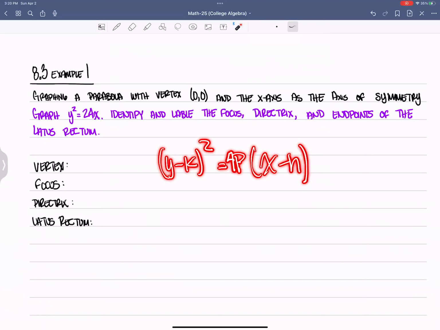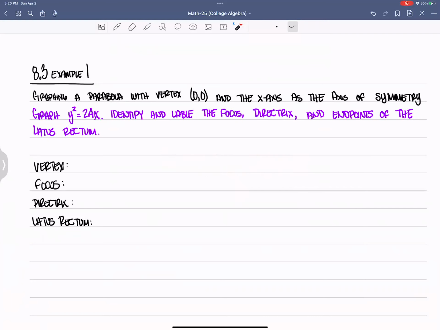So p is what's going to actually help us graph everything. Let's put this all into the proper form so we can just read things off. So y squared is equal to 4p x. So 4 times what will give us 24? 4 times 6. So 6 is what p is. And then we just throw the x in there.